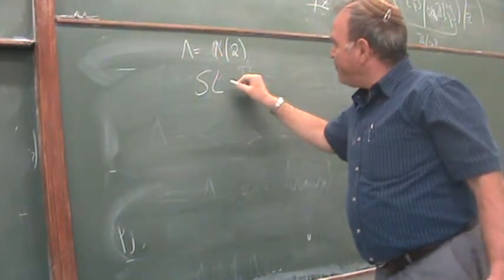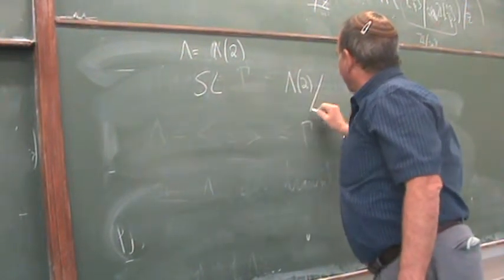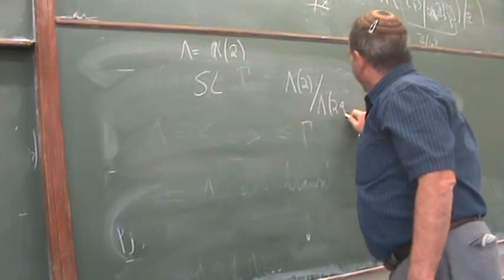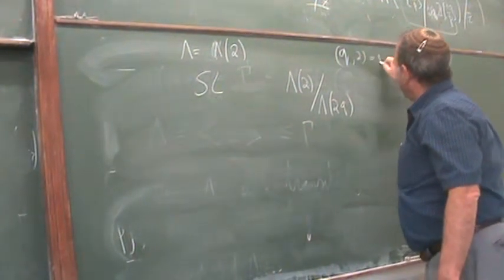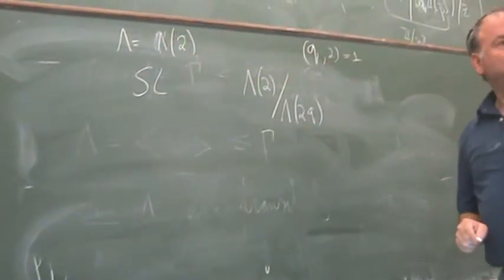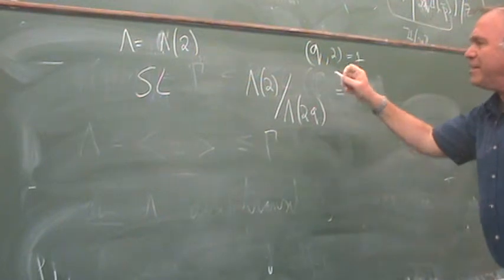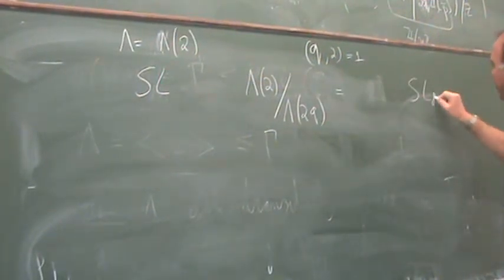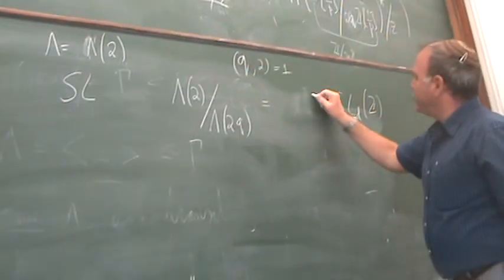Then, if you divide congruent subgroup lambda 2 by congruent subgroup 2q, where q is also prime to 2, this is the same as, say for SLD, if you take SLD of Z, this is your gamma.